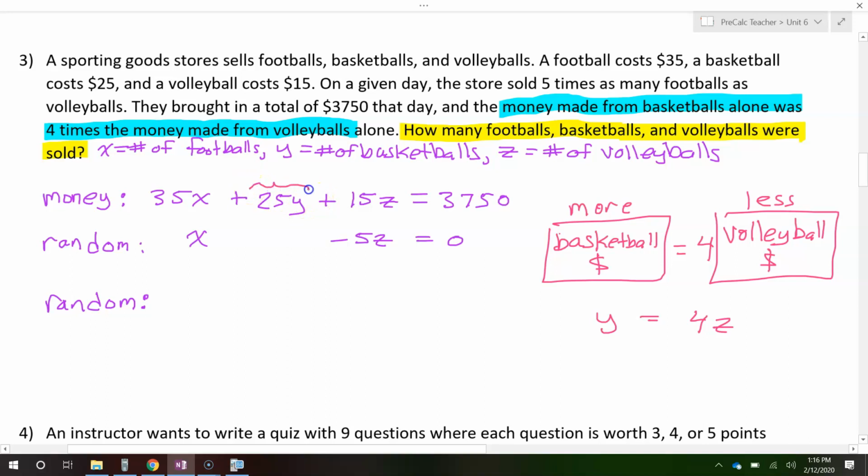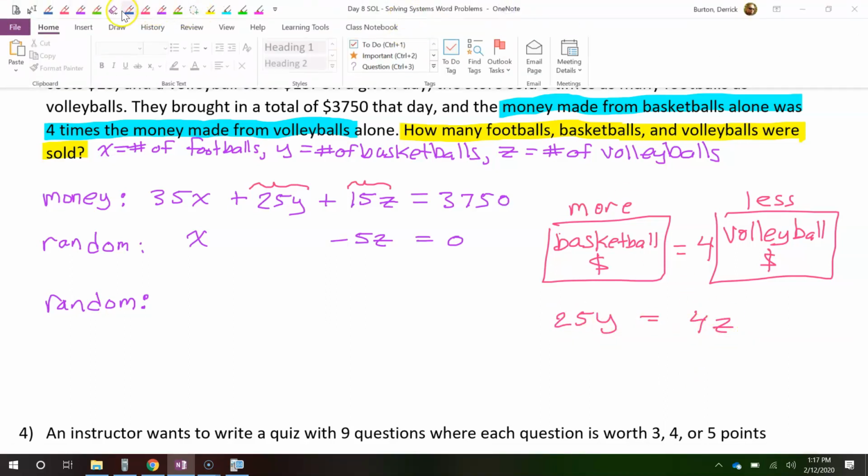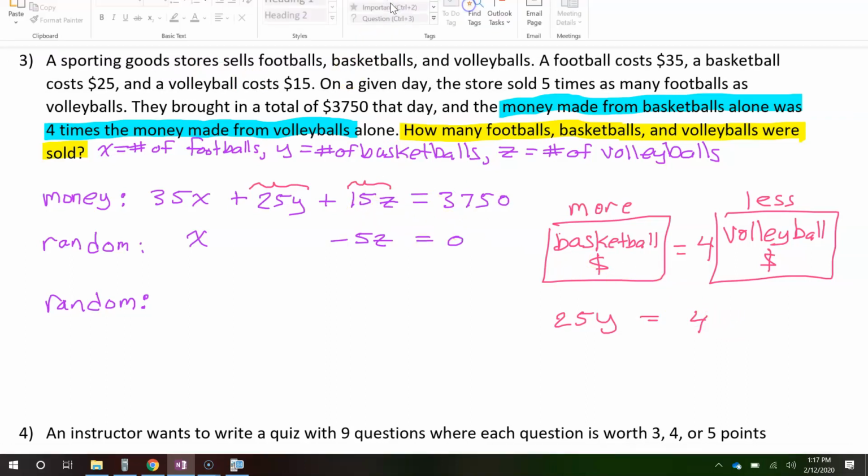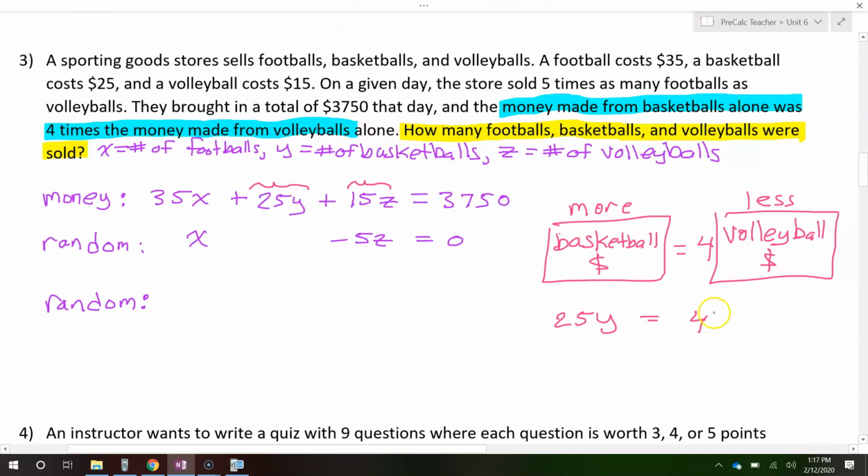Robert is saying, look guys, 25y is basketball money, and 15z is volleyball money. So instead of just putting y, we need to put 25y. And instead of putting just z, we need to put 15z. Correct.